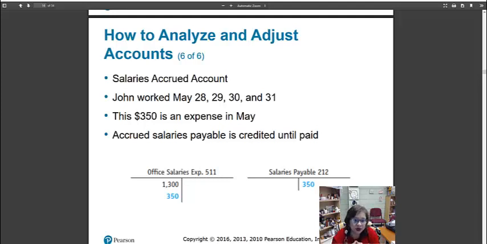It is accrued, or it is totaled in salaries payable until it's paid, meaning you owe John this money and you're going to pay him. So you're debiting your office salaries expense to show how much it is for that month of May. You credit salaries payable to show that you're going to pay him later on. Okay? You've come to an agreement.